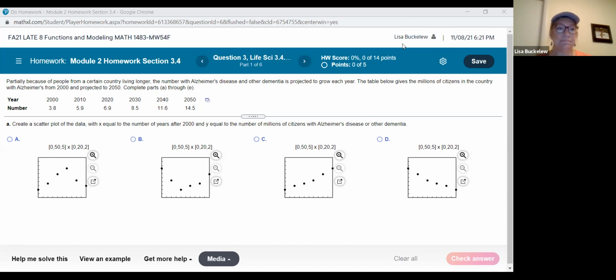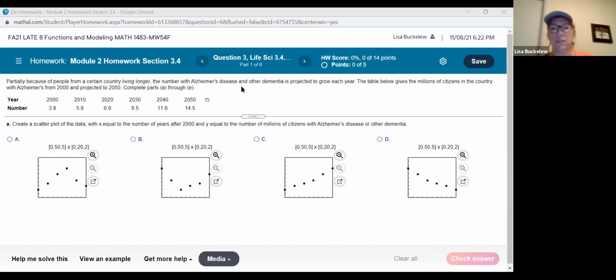So this particular example that we're looking at is number 3, I believe, from the homework set. When you have a description in your data set, particularly when the years are listed as inputs, which is always the top row or the left-hand column of your data set, we often do something called realigning the input values, or realigning the X values, so that we don't put in the entire year, but just a smaller number that represents how many years that particular year is from some reference year or start year.